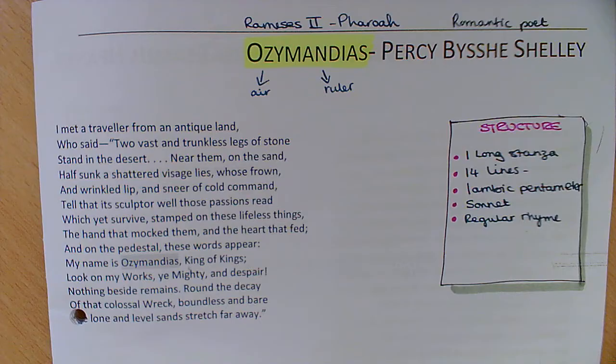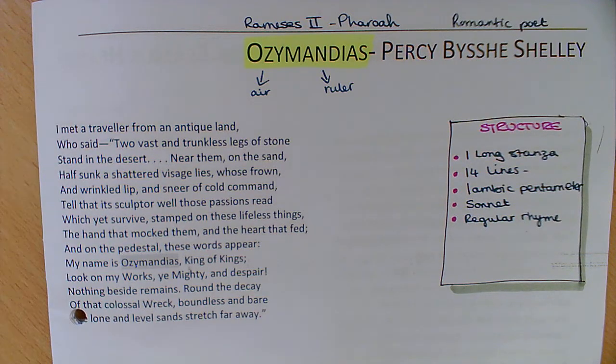And on the pedestal these words appear: My name is Ozymandias, King of Kings. Look on my works, ye mighty, and despair. Nothing beside remains. Round the decay of that colossal wreck, boundless and bare, the lone and level sands stretch far away.